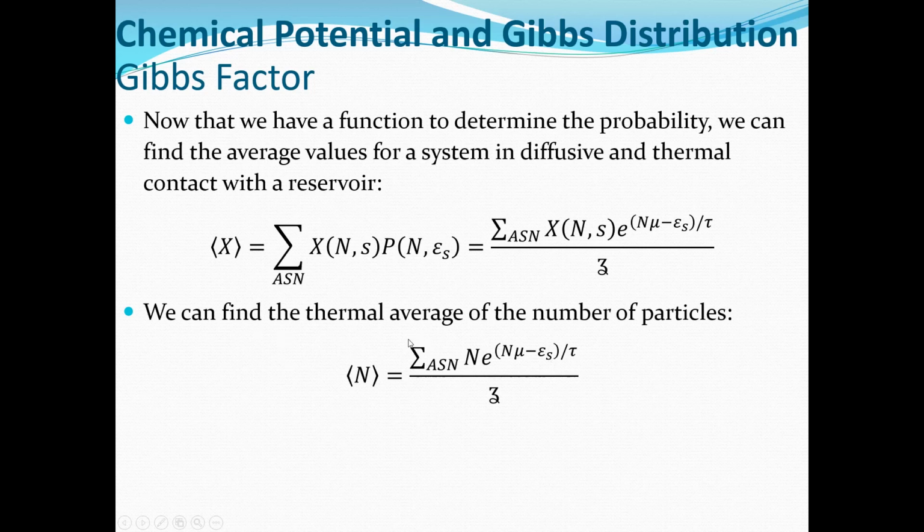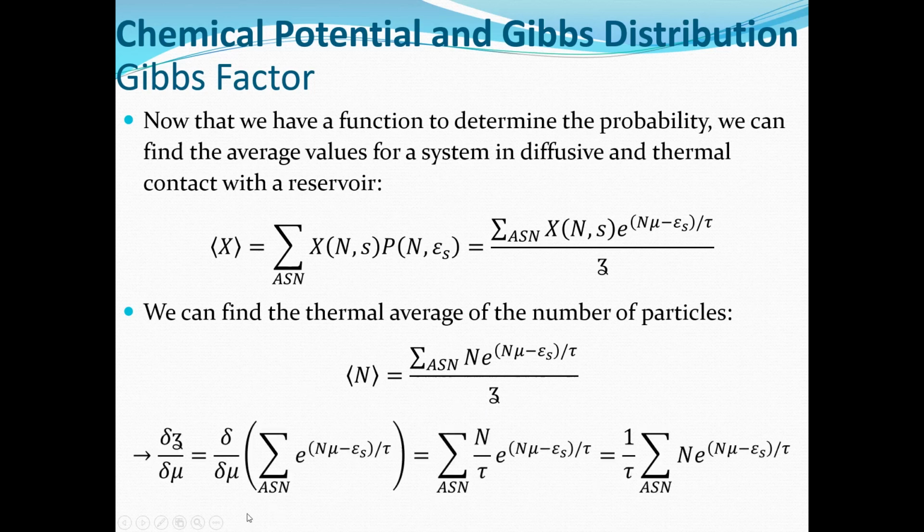If we want to find the average number of particles, we would replace that with n. And of course, what we can do now is see the relationship between this and n, and rewrite this so that it looks a little bit different. So for example, if we looked at the grand partition function, and we took the derivative of this with respect to mu, what we'd end up getting is this.